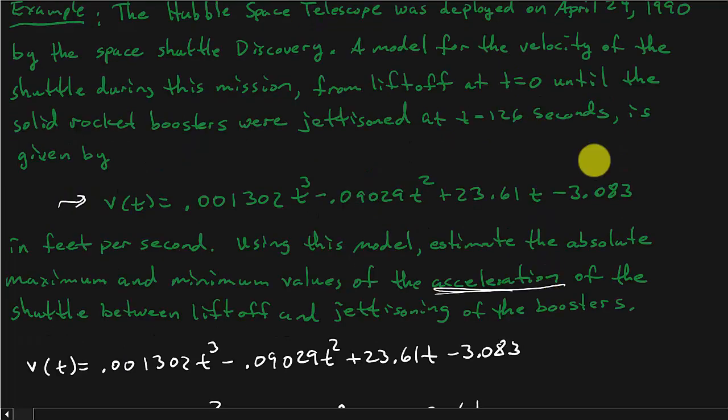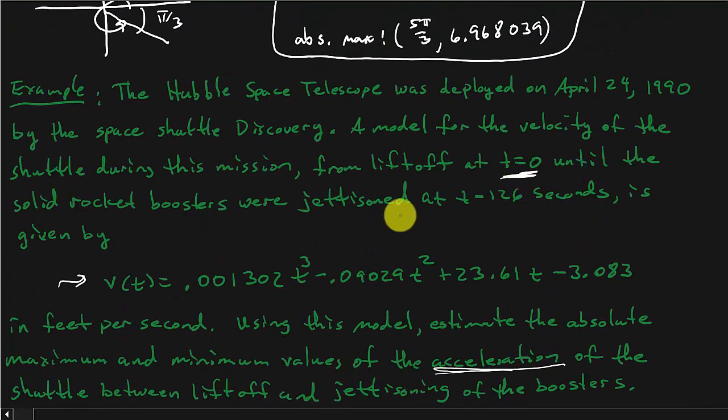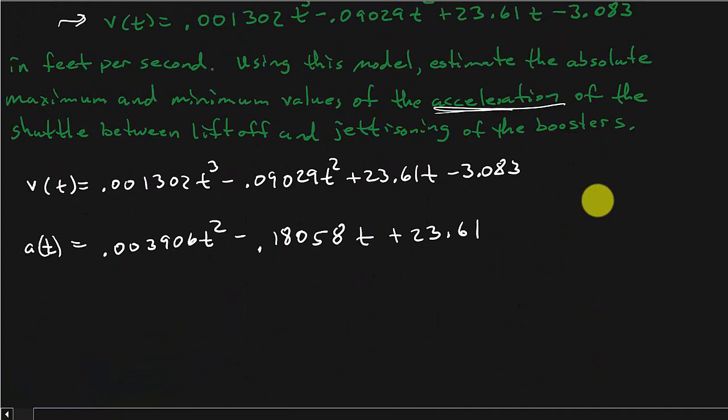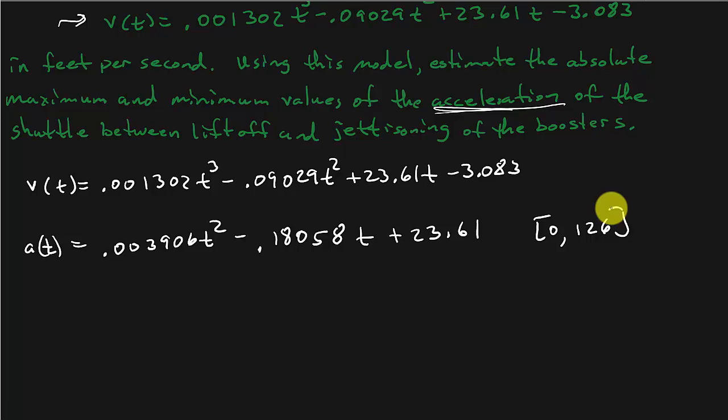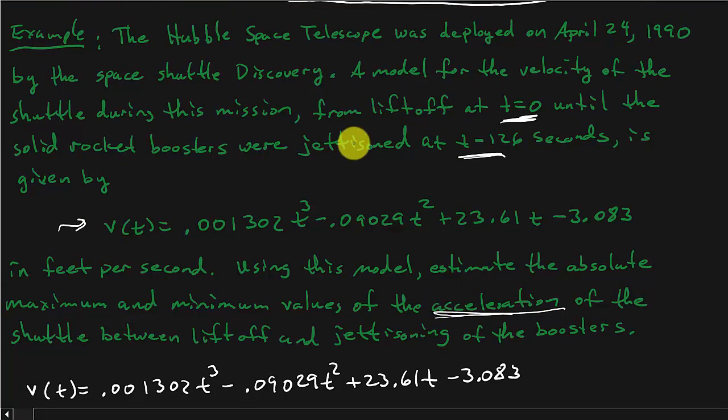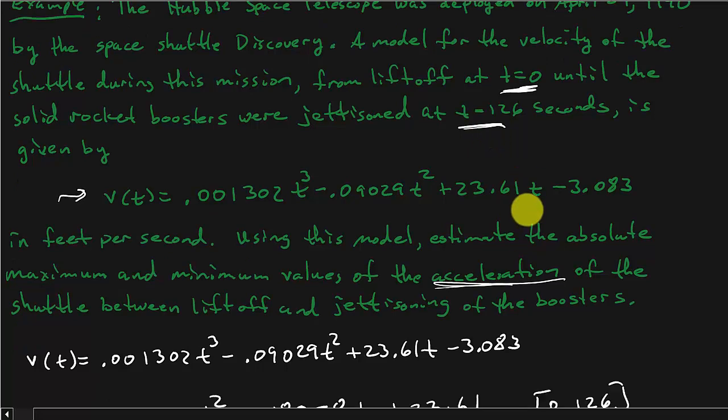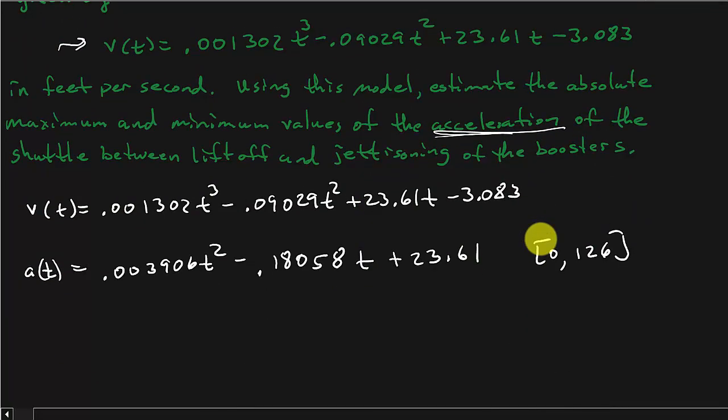And we're looking for it between t=0 and t=126 seconds. That's the time interval, from liftoff at t=0 until the rocket boosters were jettisoned at 126 seconds. So we don't set this equal to 0 and find the critical numbers.